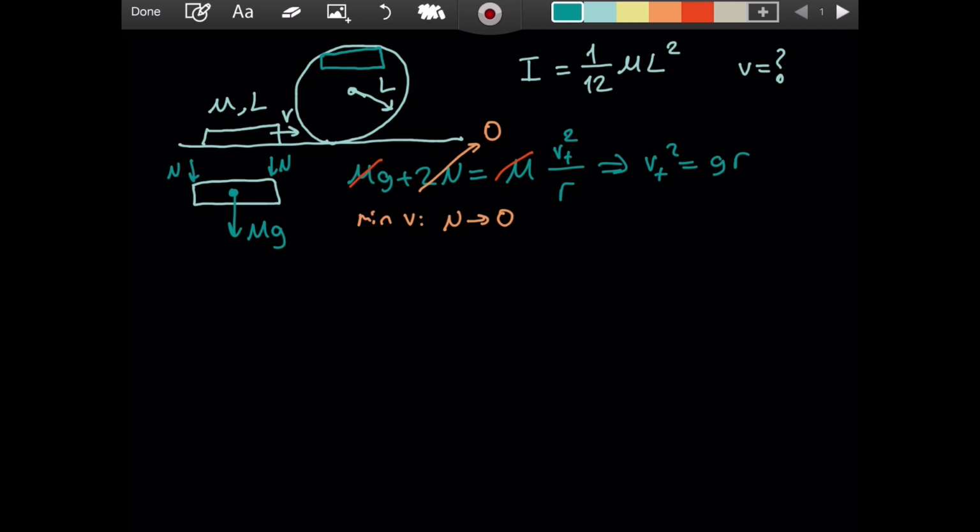Now here comes the discussion part. What is this radius? And as I said, it is not L. Because when we say radius, we in fact mean the distance between the center of mass of the rod and the center of rotation. So we are talking about this distance when we say r. And to be able to calculate that distance, we will assume that this rod has a very little height.